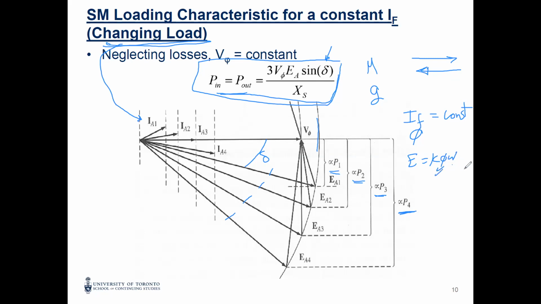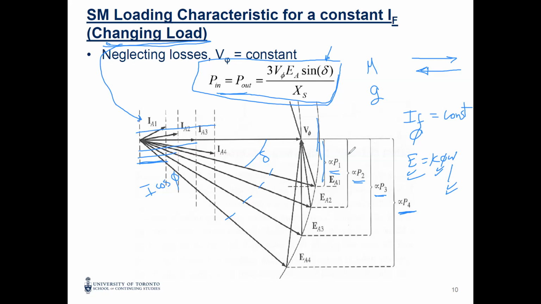If the flux is constant, of course, the speed is always constant, the synchronous speed, so E is constant on a circle here. I cosine phi is this area, and it keeps changing based on your load.